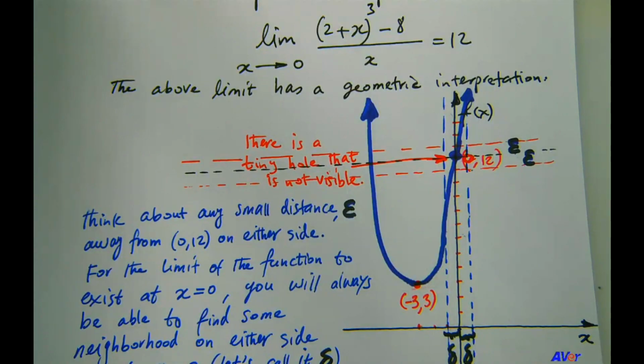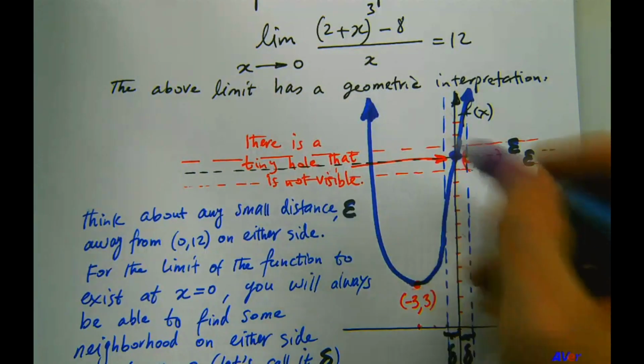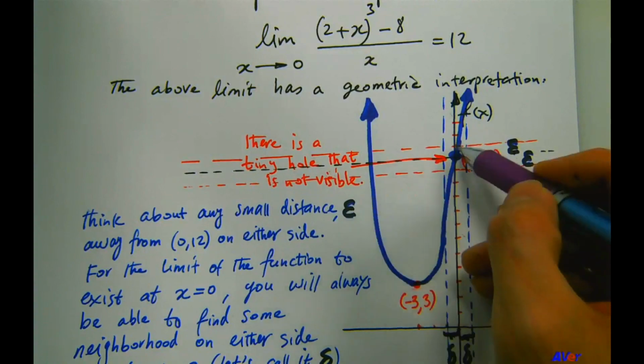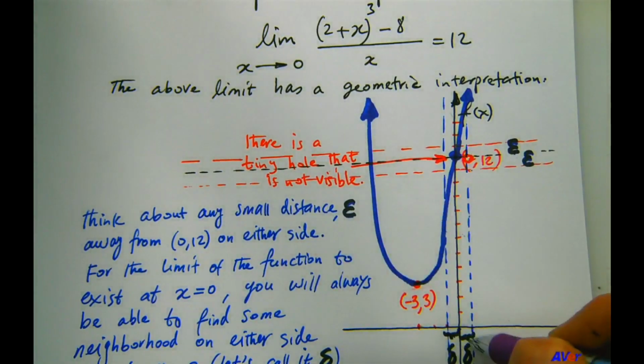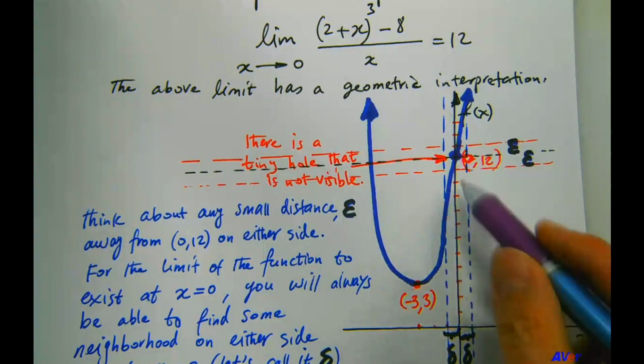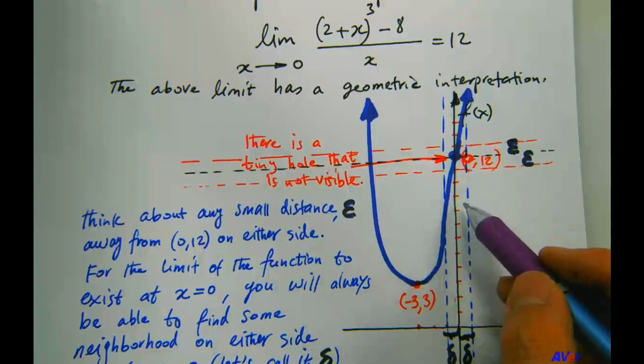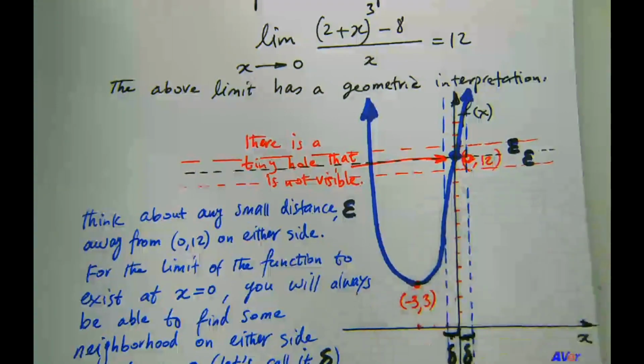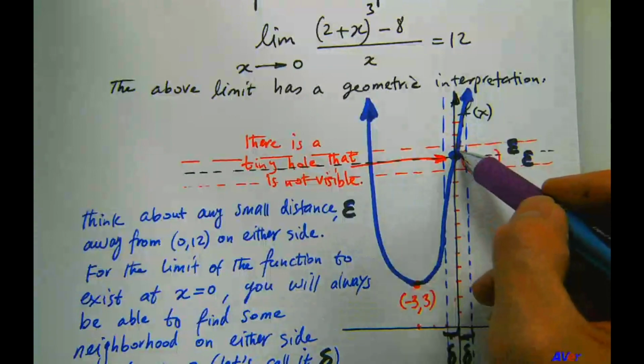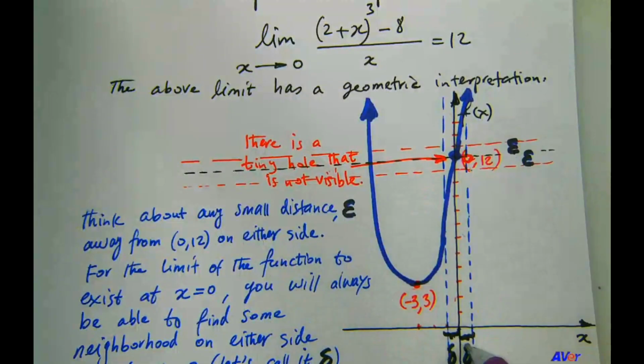And epsilon is any arbitrarily small value of the function. So if the limit exists, you can make the epsilons so small, you'll still be able to find a corresponding value of delta for each epsilon. But if not, then that means the limit does not exist. In this case, it would be true: for any epsilon, very, very small, you'll still be able to find a delta corresponding to it. Let's write this in a mathematical way. Let's do that.